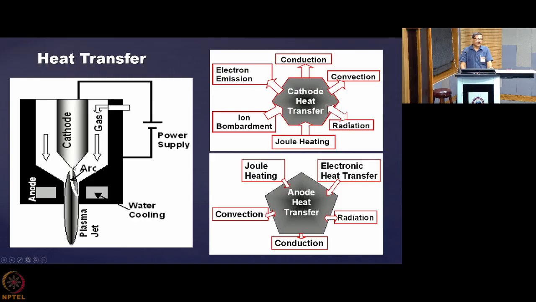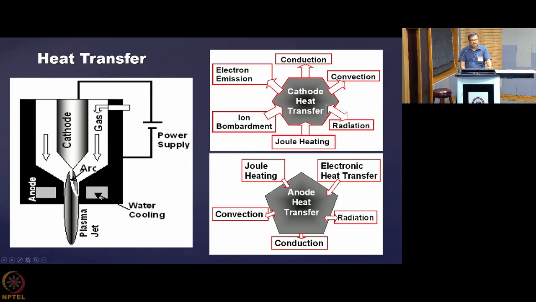For that high current density, the J square by sigma heating is so intense that unless you are able to extract the heat and keep the temperature of the material below the melting point, the material will simply melt in a few minutes. So, cooling is a must to save the structural integrity of the electrodes. It is obvious that you are extracting heat from the cathode using cooling water, so the temperature of the cooling water increases.